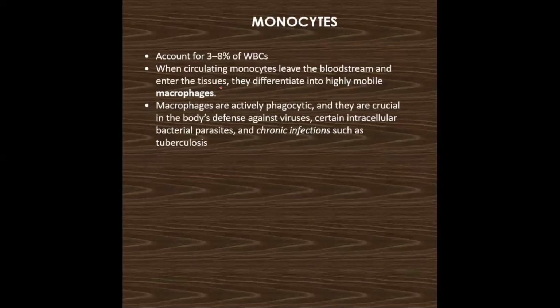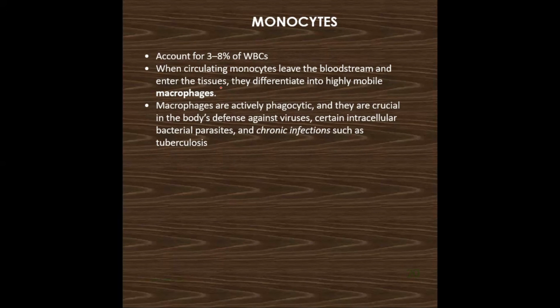If we talk about monocytes, these cells usually have a large bilobed nucleus with a diameter of 12 to 20 micrometers. So they are the largest in size among the white blood cells, but they count only 3 to 8% of the white blood cells. The nucleus is generally half-moon shaped or kidney shaped. When circulating, monocytes leave the bloodstream and enter the tissue.